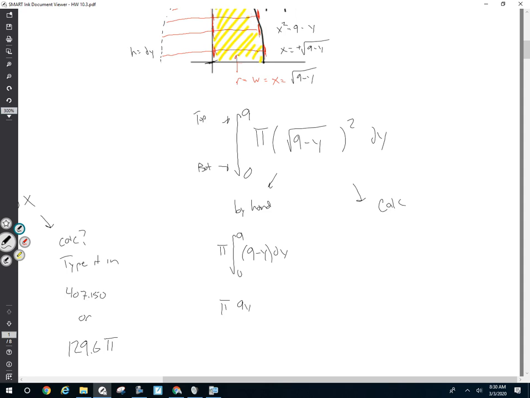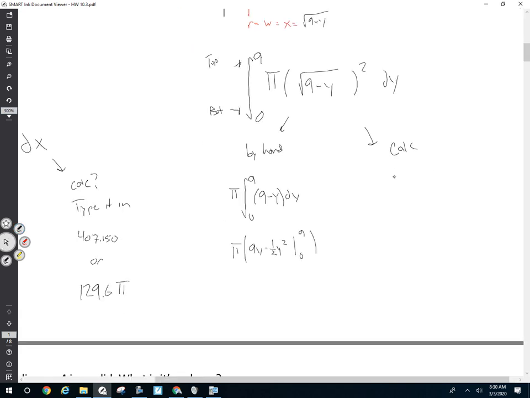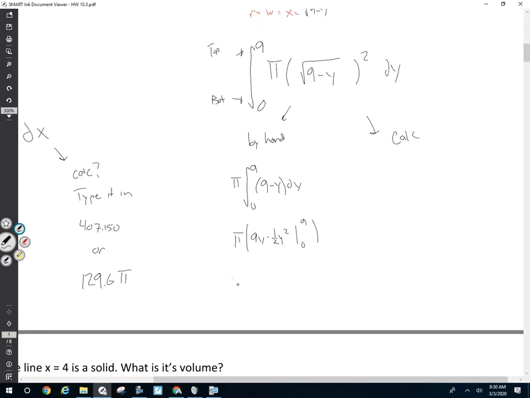I'll have 9y minus 1/2 y squared. That's the antiderivative with respect to y. 0 to 9. Let's worry about that pi later. I'll get 81 minus 81 halves. So that's 81 halves, 81 halves pi.